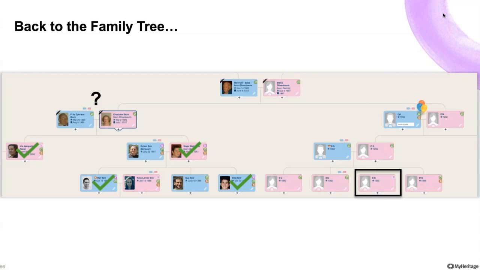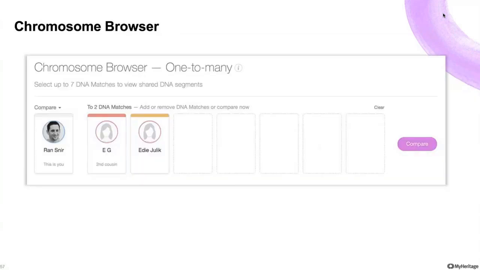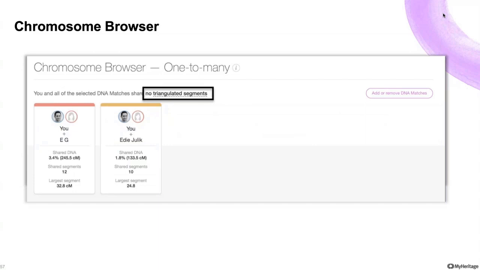And if we see a triangulated segment between myself, Effie, and Edie, that can be a good indication that Edie is related to me on my maternal grandma line. So that's exactly what I did. I pulled in Effie, my second cousin, and Edie. I compared, and I was told that there are no triangulated segments.